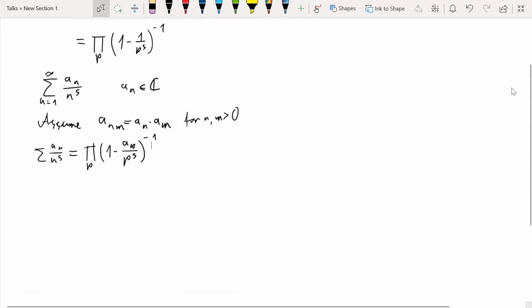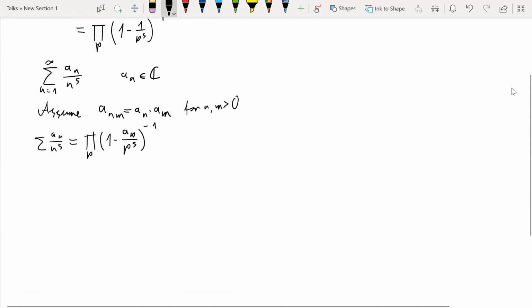One of the more important classes of such sequences of coefficients is given by Dirichlet characters, which additionally satisfy the property that the sequence is periodic. So we introduce the definition.